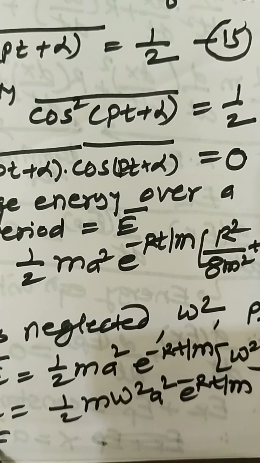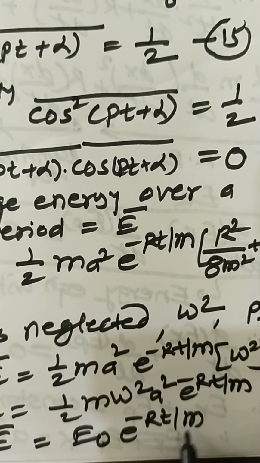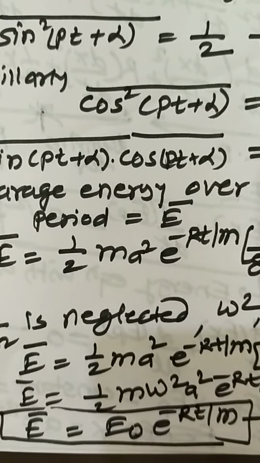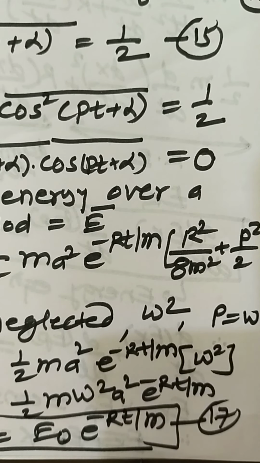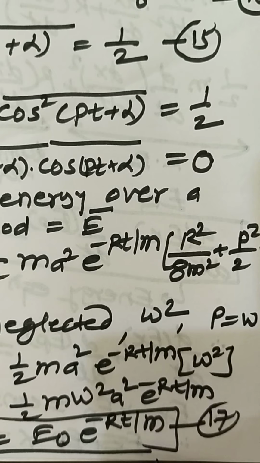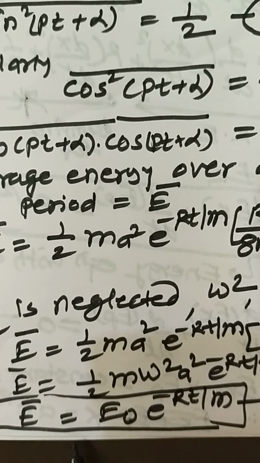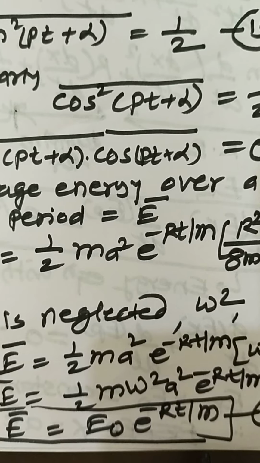Therefore E bar is equal to E0 e raised to minus Rt upon m. This is equation 17, and that is the average energy of the damped oscillator.